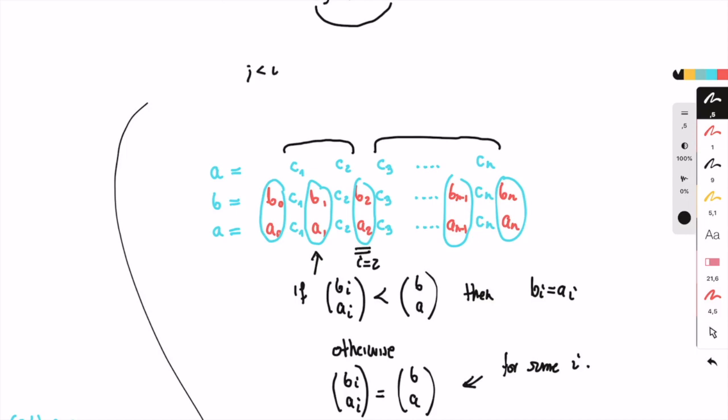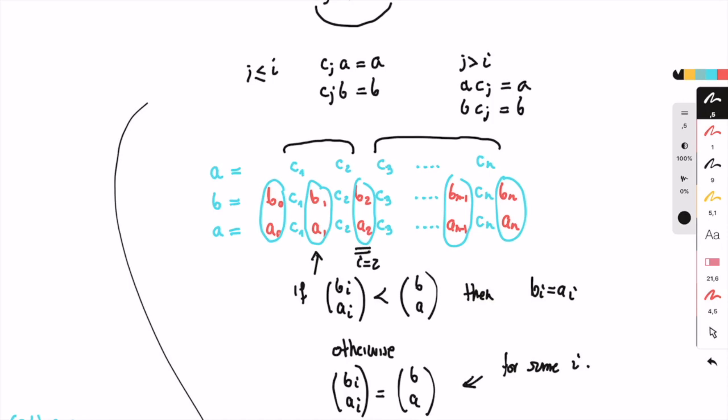If j is smaller than i, then CjA equals A and CjB equals B. If j is bigger than i, we have the symmetric property.